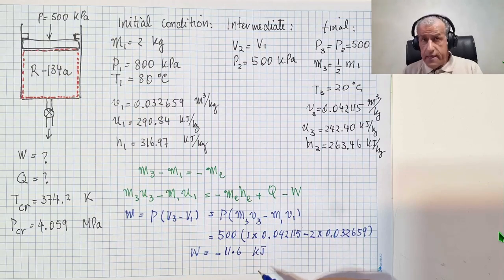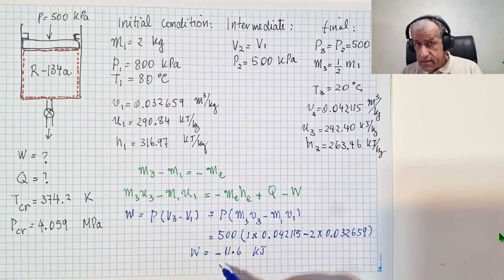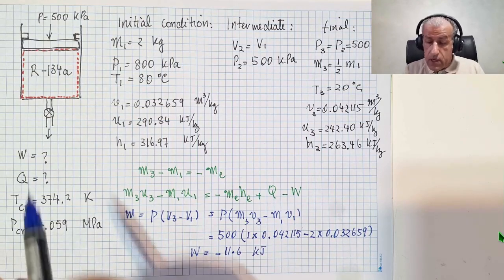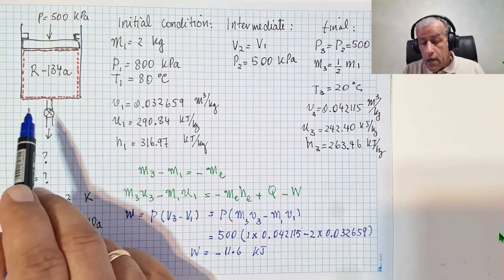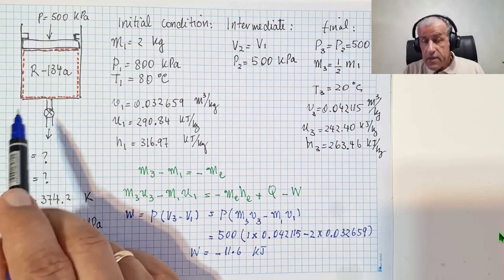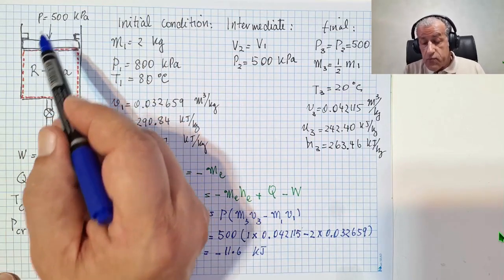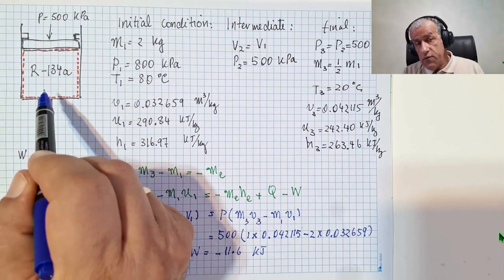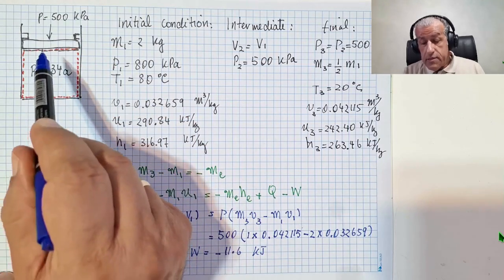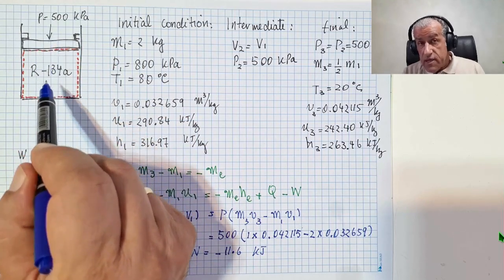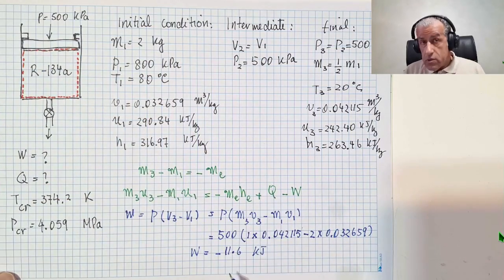Please note that W is a minus, and the minus sign should be there, since work is done on R134A. I mean, the environment is doing work on R134A, and the piston is moving down. So the work should be negative, and that's the sign we have here.